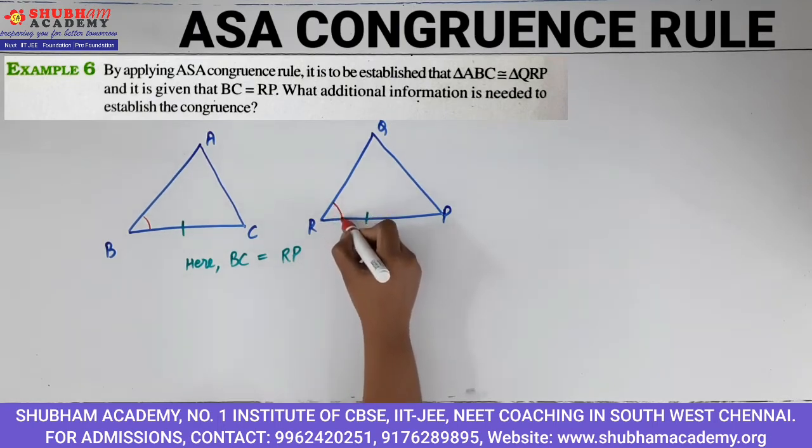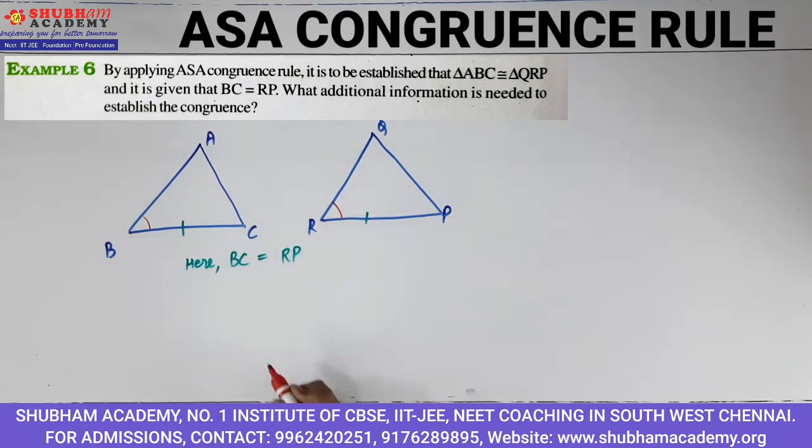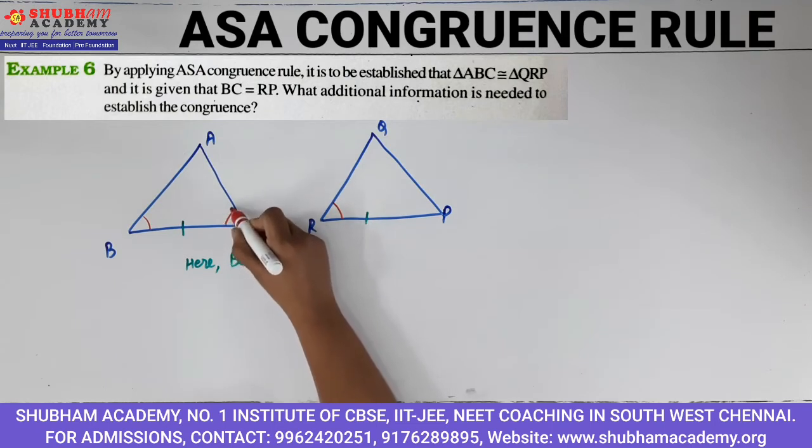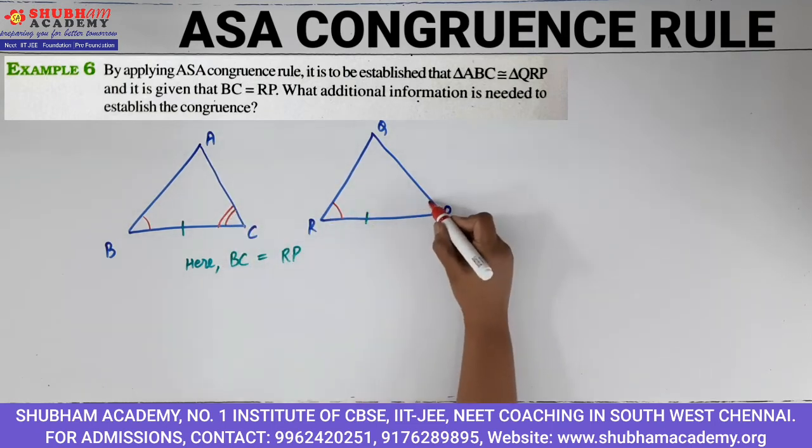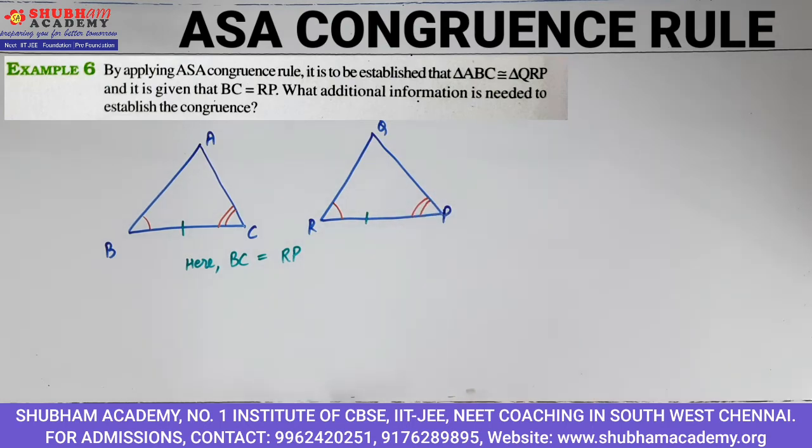For angle B, the corresponding angle will be angle R, and for angle C, we should have angle P for ASA congruence rule.